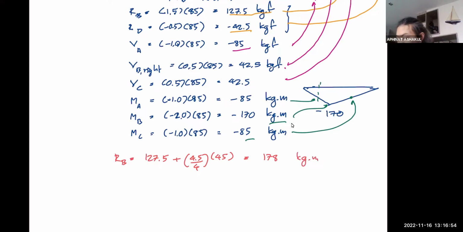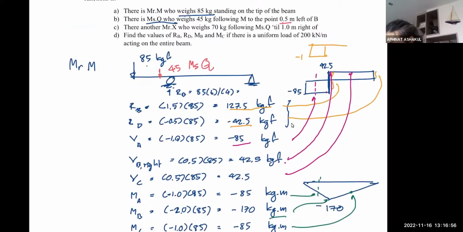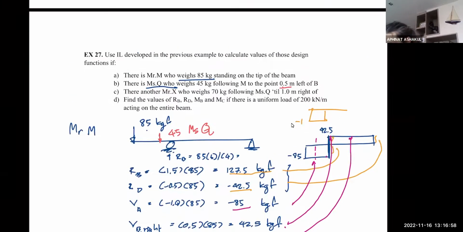Okay, and we are running out of time, so just to demonstrate this, let's say I'm going to add Mr. X. Mr. X also weighs 70, following Miss Q, at 1 meter. Oh, something is missing. Maybe right of the support here. Say put Mr. X around here. I think you have the idea now.